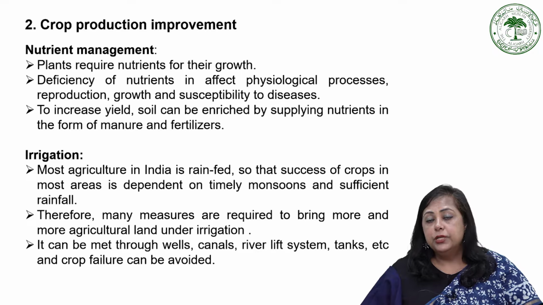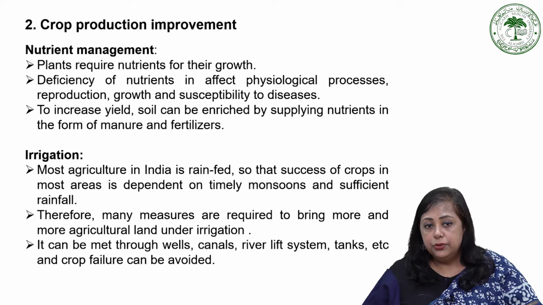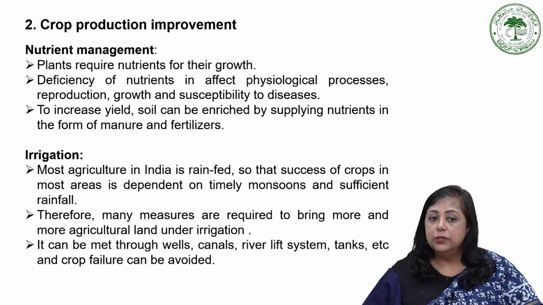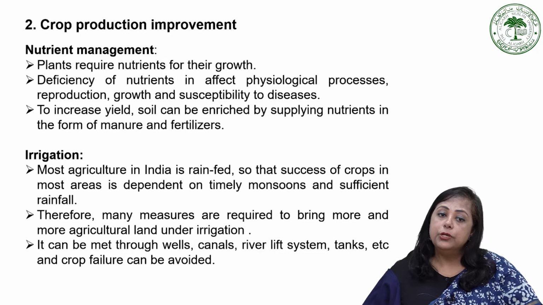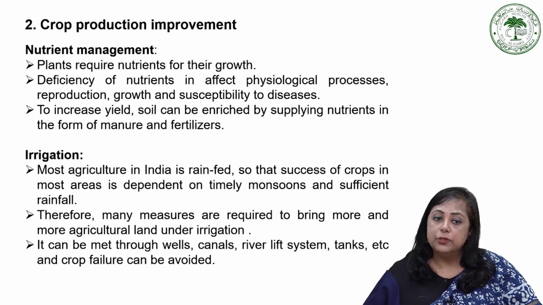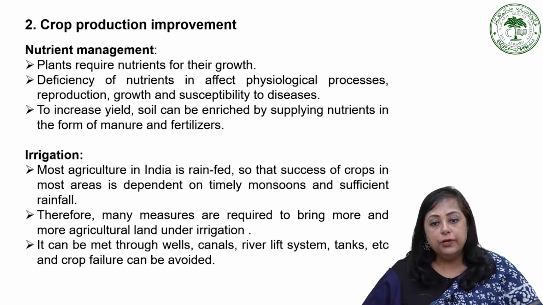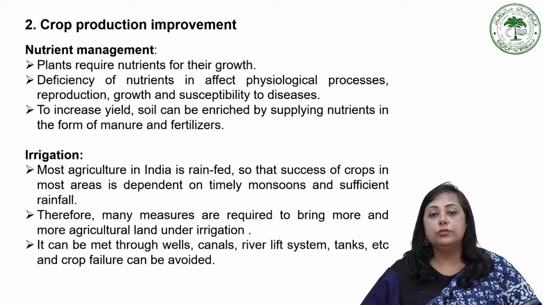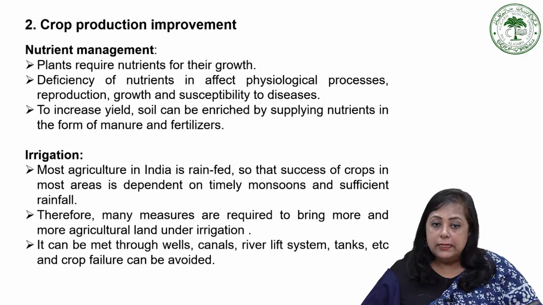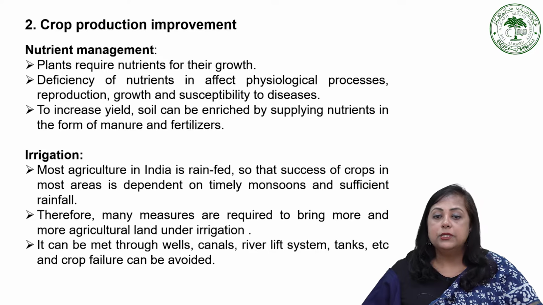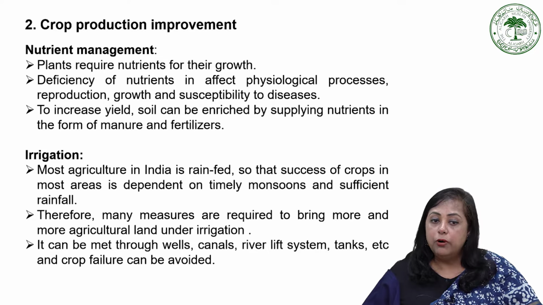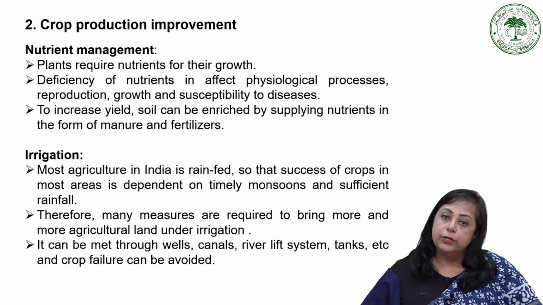The crop production improvement, nutrient management. We can improve the crop production by improving the nutrient management. Plants require nutrients for their growth. Deficiency of nutrients affects physiological processes, reproduction, growth and susceptibility to disease. To increase yield, soil can be enriched by supplying nutrients in the form of manure and fertilizers.